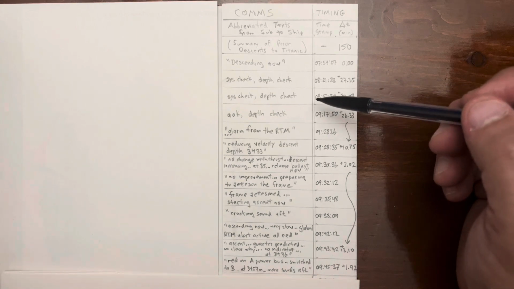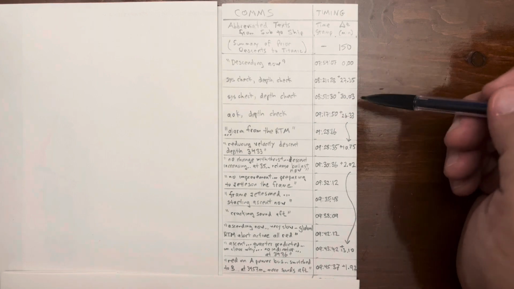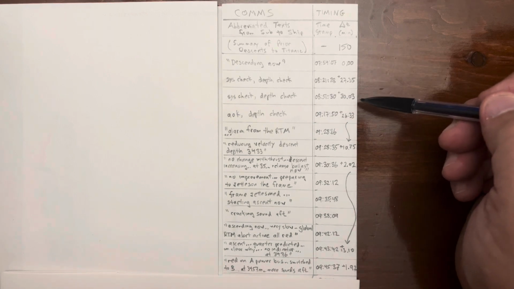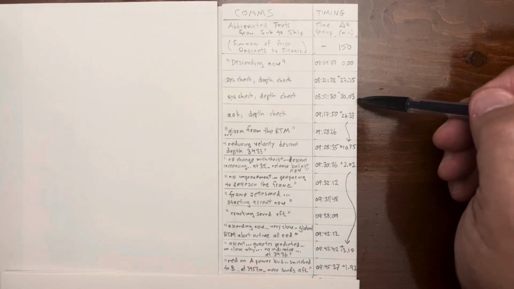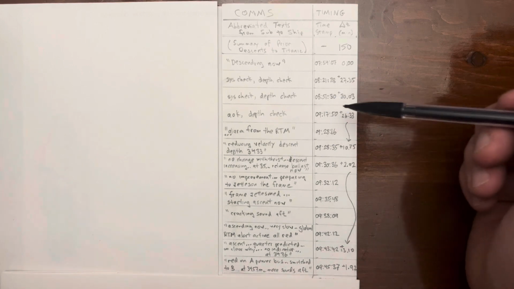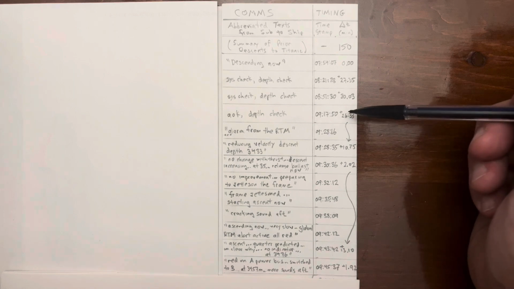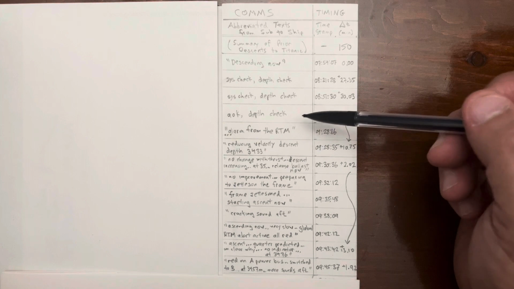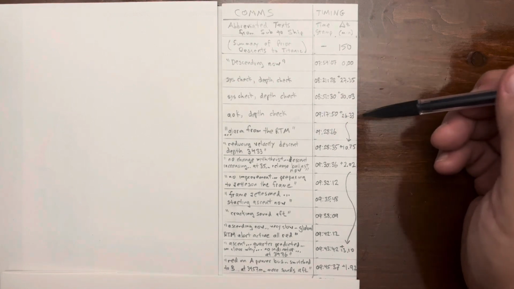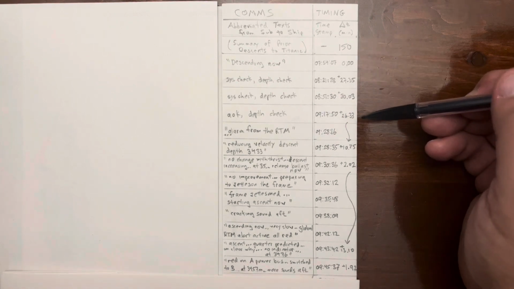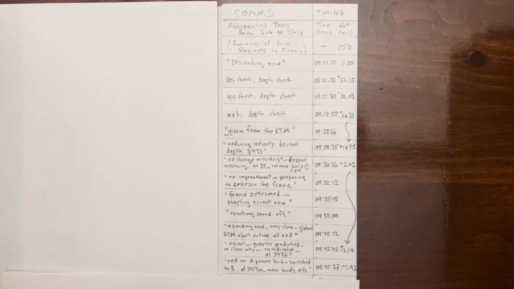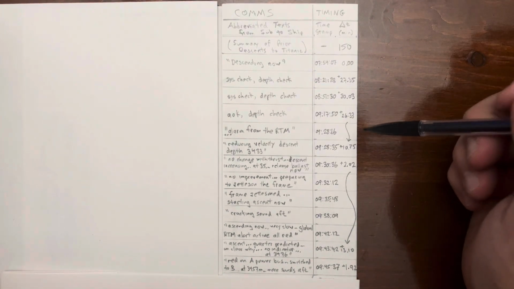The next is another system check and a depth check at 08:51:30, and that's another 30.03 minutes from the prior check. Then they sent another transmission at 09:17:50, basically saying everything is okay, and they gave another depth report. That was 26.33 minutes after the immediately prior transmission.